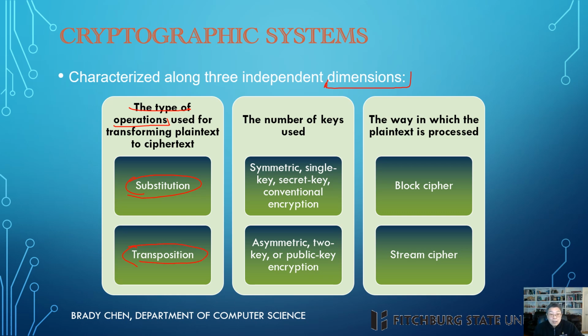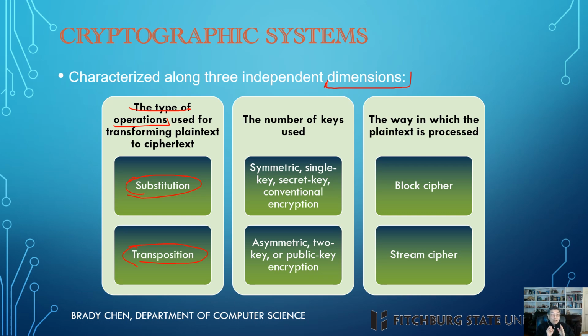Now, in substitution, each element in the plaintext, whether this element is a binary bit or a character, a letter, or a group of bits or letters, is mapped into another element. So that's the substitution.